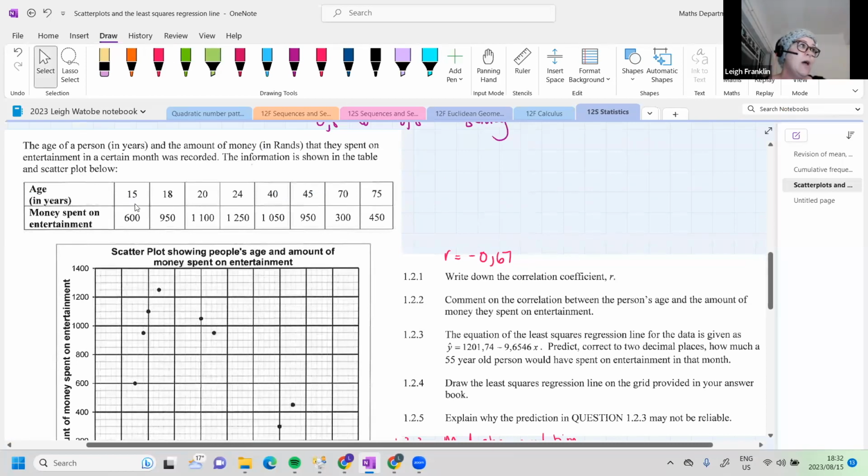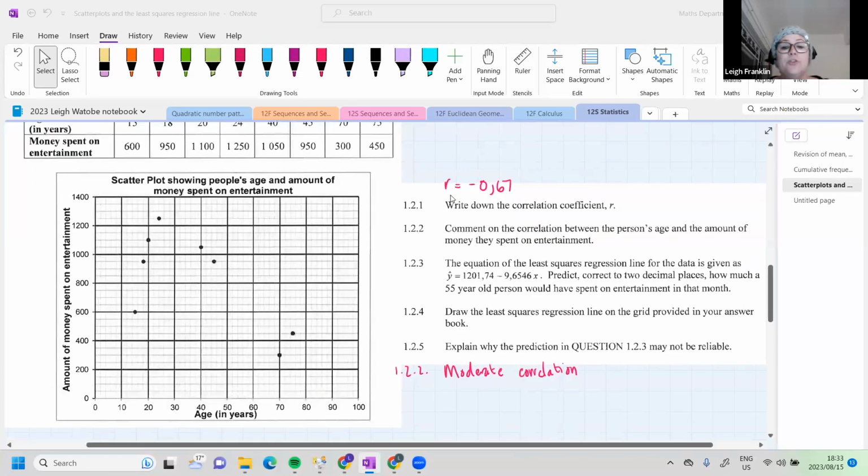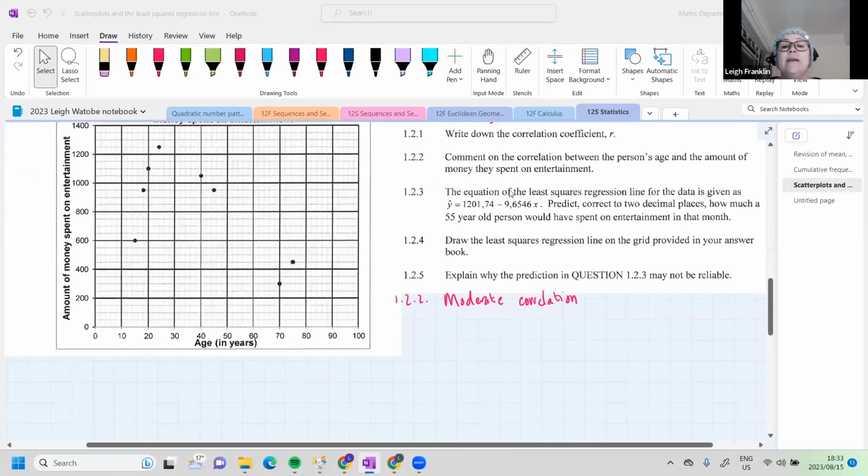Presumably people that are 10 years of age are probably not spending a lot of money on entertainment, but similarly, people that are 75 are probably not spending a lot either. So we can only use the equation of the least squares regression line to make predictions about people between the ages of 15 and 75. For anybody younger than 15 or older than 75, we cannot say that it's reliable, because then we would be extrapolating, not interpolating.